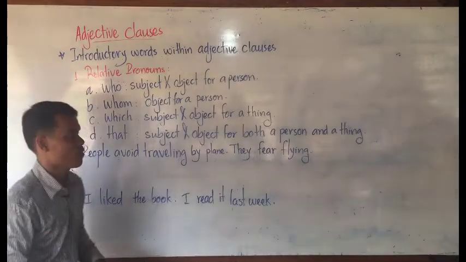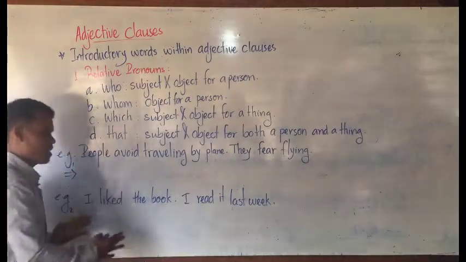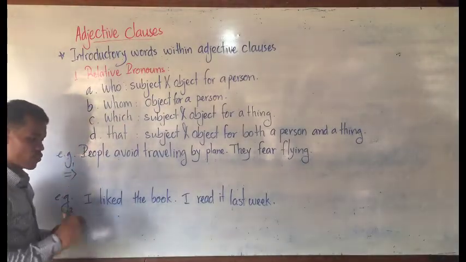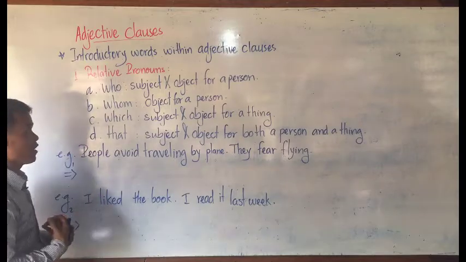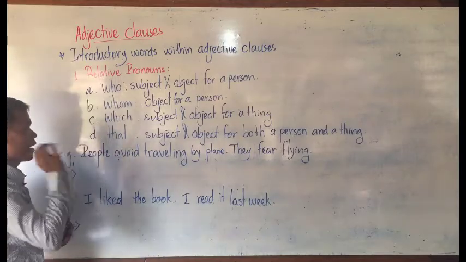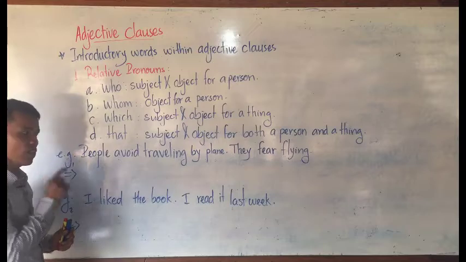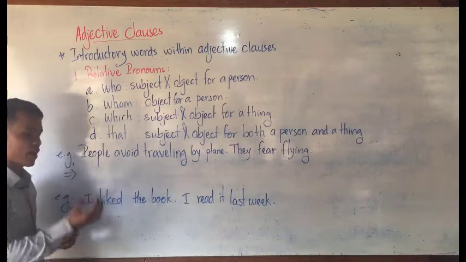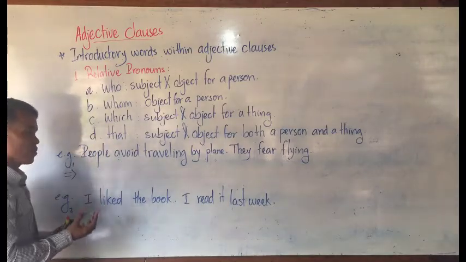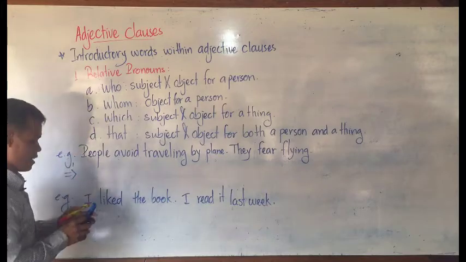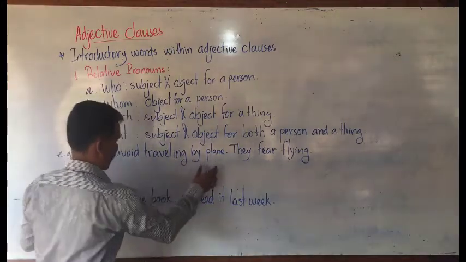Look at the example with me. These two examples are extracted from the previous video about "who" and "which." It is only used to clarify the use of "that." People avoid traveling by planes.